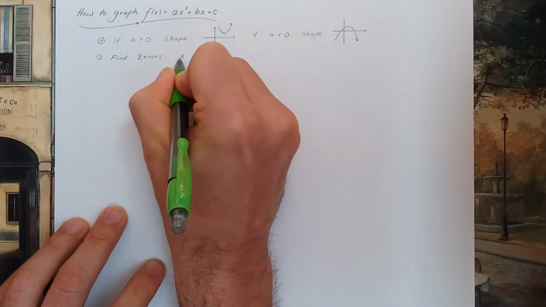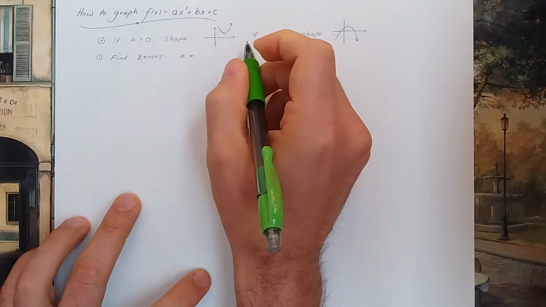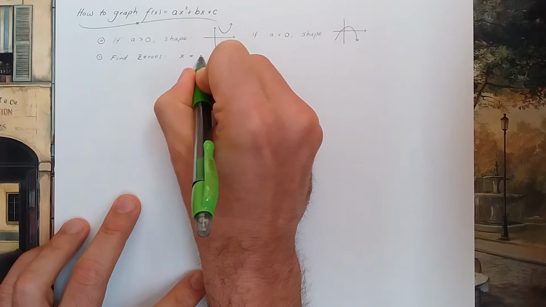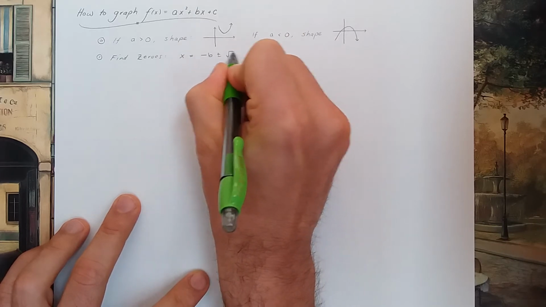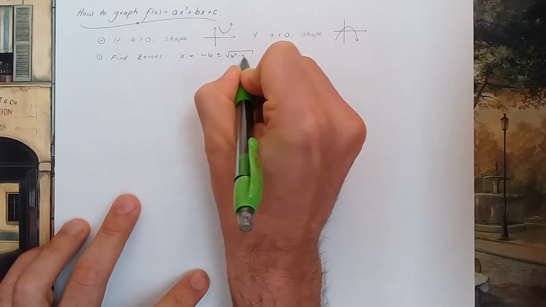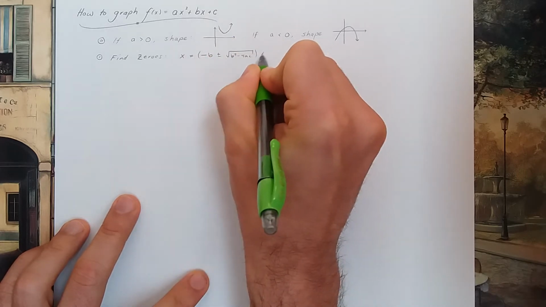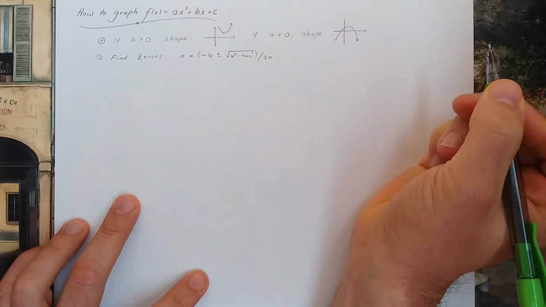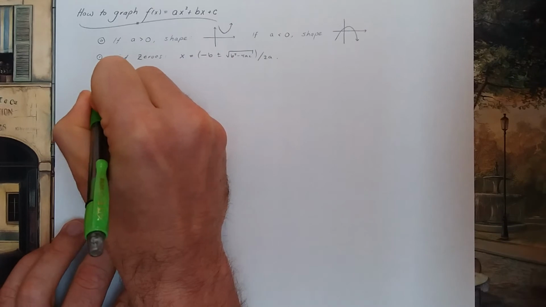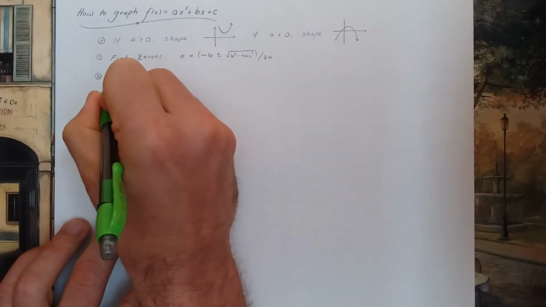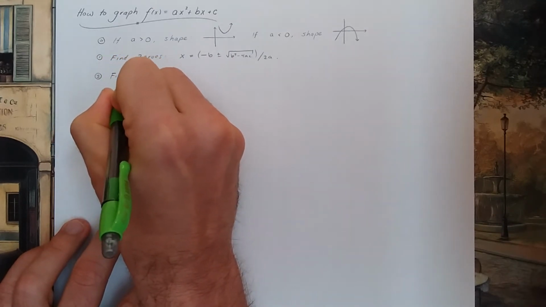Step 1 is I'm going to find the zeros of the function. And the zeros you could find using the quadratic equation. X would be negative b plus or minus the square root of b squared minus 4ac all over 2a. Step 2 is I'm going to find the vertex.